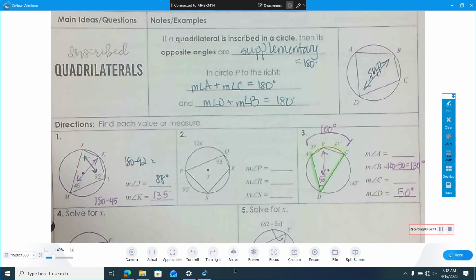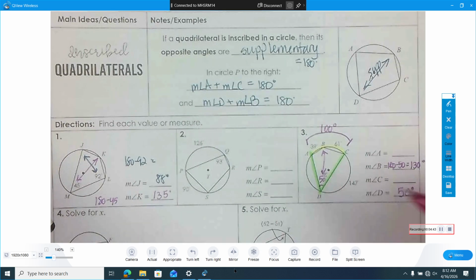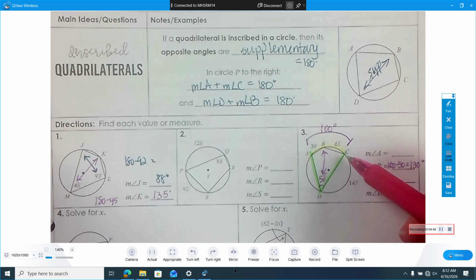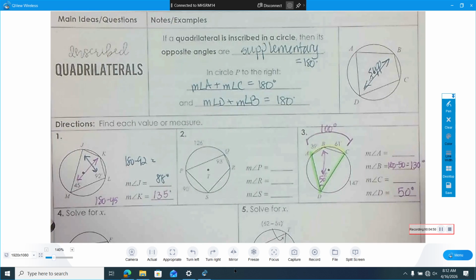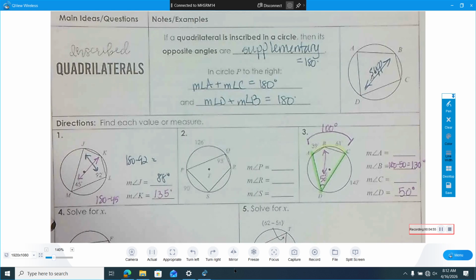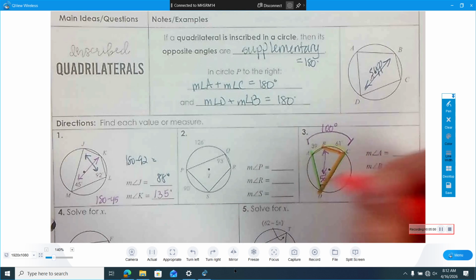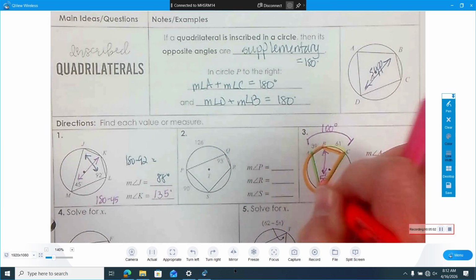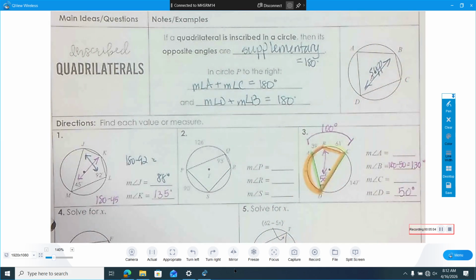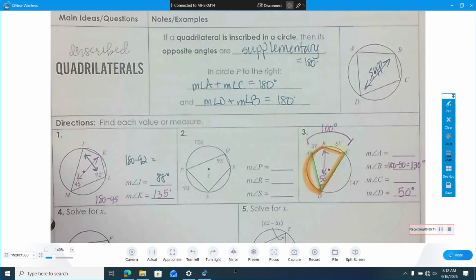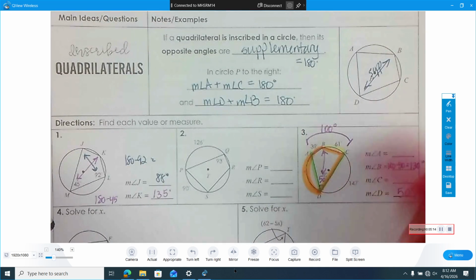So how are we going to figure out angle C? Angle C right here is an inscribed angle. And as long as I know this arc BD, we can find that inscribed angle. So, Caitlin, how do we get AD?